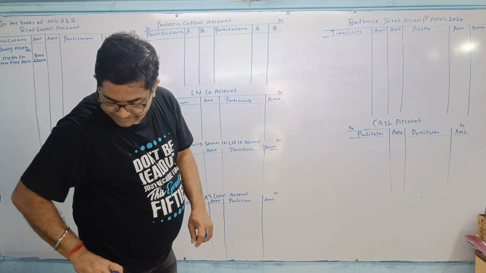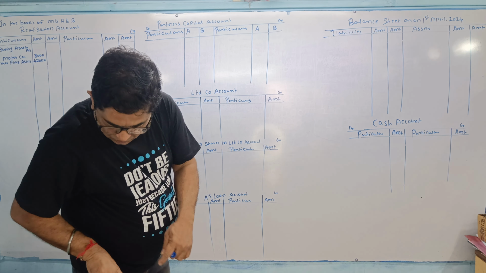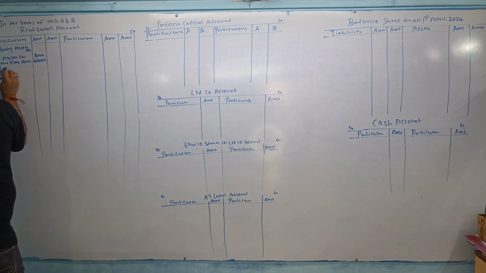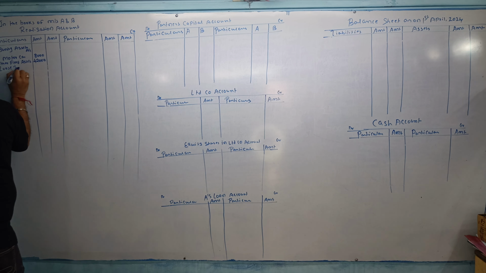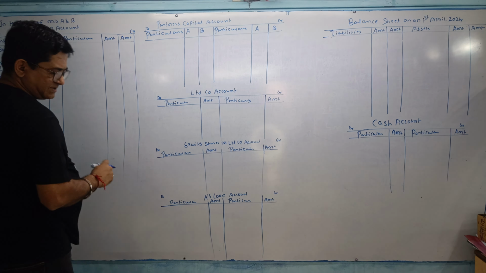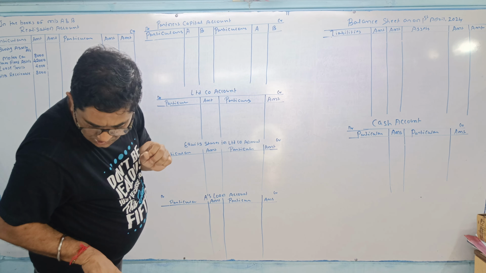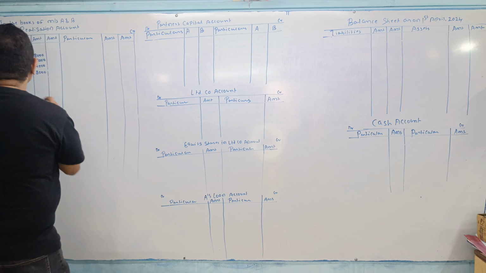Then we have loose tools and bills receivable. Loose tools 4,000. Bills receivable 8,000. Then we have stock 15,000.